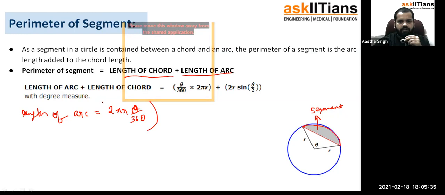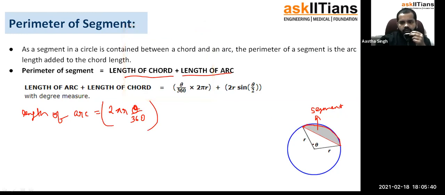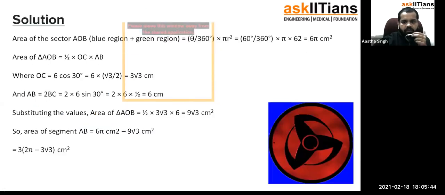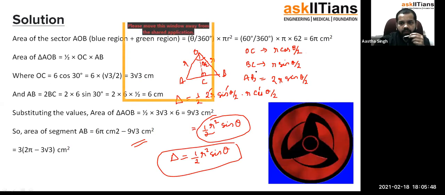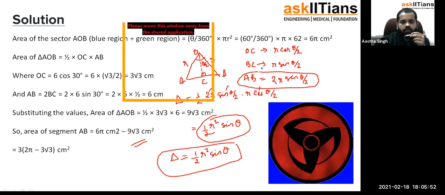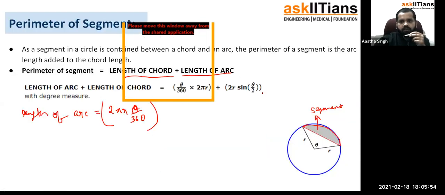What will be the length of your chord? The length of chord will be 2 r sin theta by 2, because the length of the chord is AB. AB is the length of chord, which is equal to 2 r sin theta by 2. I think the point is very clear to you all.